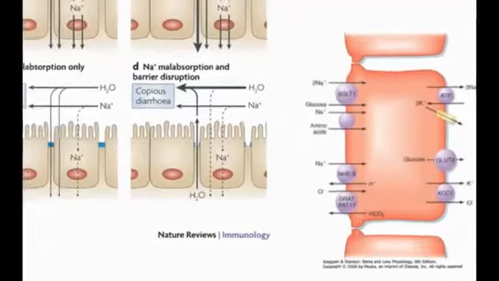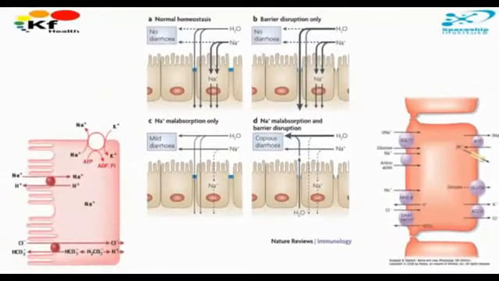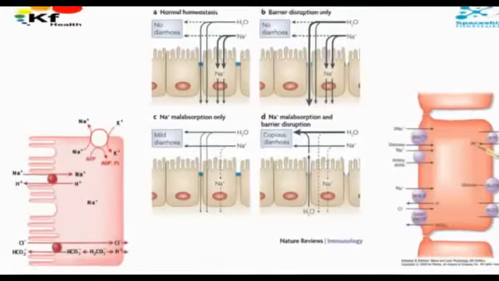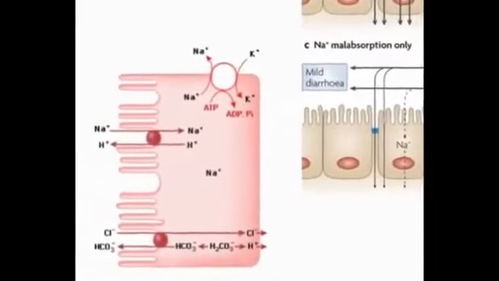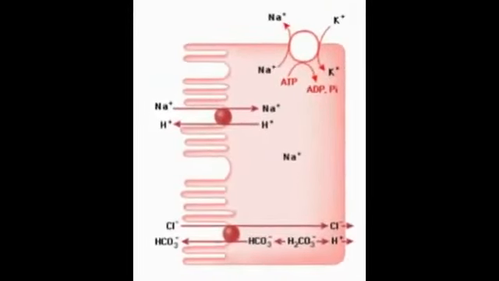Okay, then we go to the next slide. The next slide is the representation of which kinds of minerals and ions we take inside of the intestinal wall. Here on the left side is a representation of the natrium. It is the sodium hydrogen pump. So for one sodium that goes inside, we take out the energy of the hydrogen, and the chlorine exchanges with the bicarbonate.